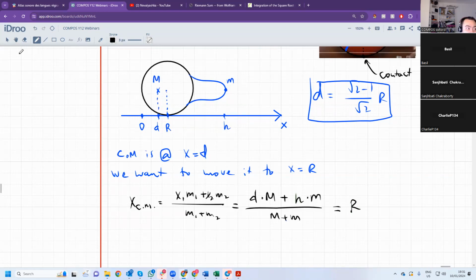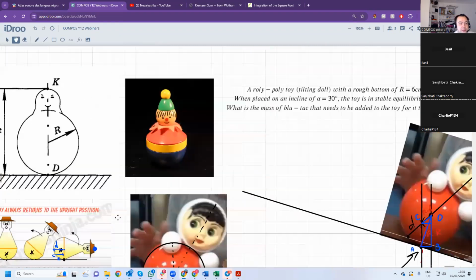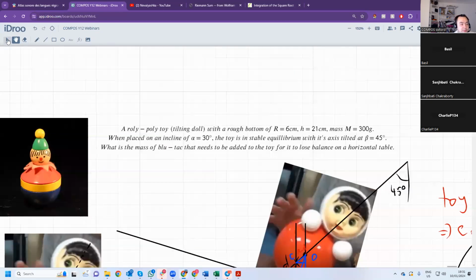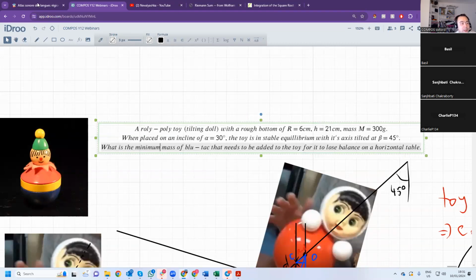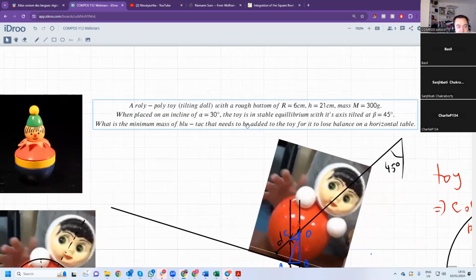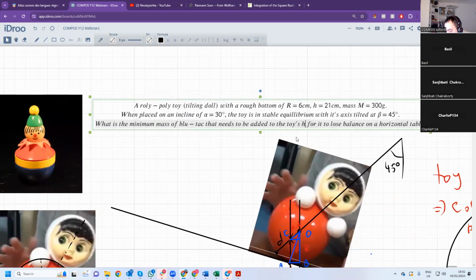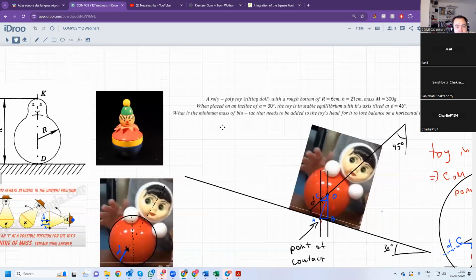Well, we need the minimum amount of blue tack. Okay, I need to specify that. What is the minimum? Minimum mass of blue tack needs to be added to the toy, to the toy's head, for it to lose balance on a horizontal table.